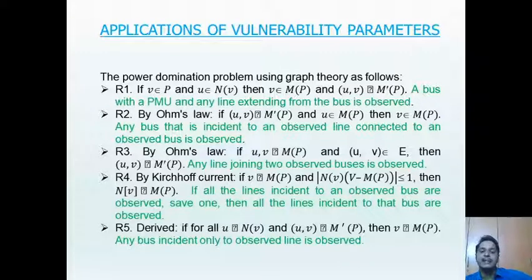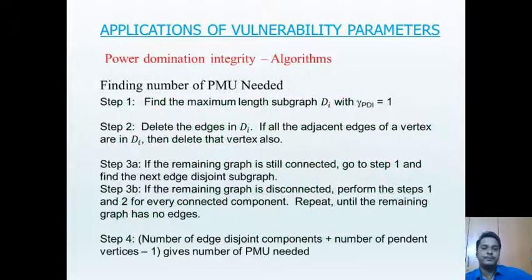Any line, that is any edge joining an observed vertex, is also observed. If all the edges incident to an observed vertex are observed, then the remaining vertex is also observed.